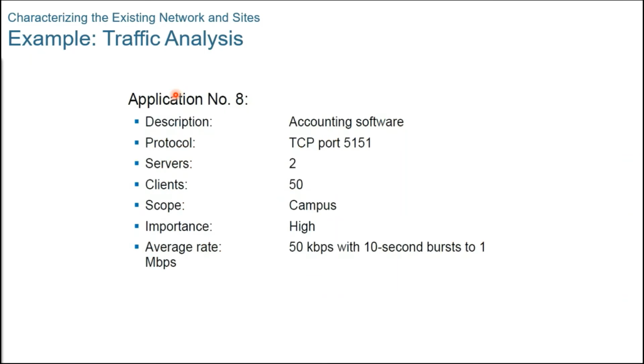Now assume that a customer requirement concerns quality of service on a wide area network connection with limited bandwidth. In this case, the information collected is relevant because it describes the following. The application TCP port 5151, which is required for performing classification, for instance. The importance of the application; this information is useful for evaluating how much bandwidth should be allocated to the application.